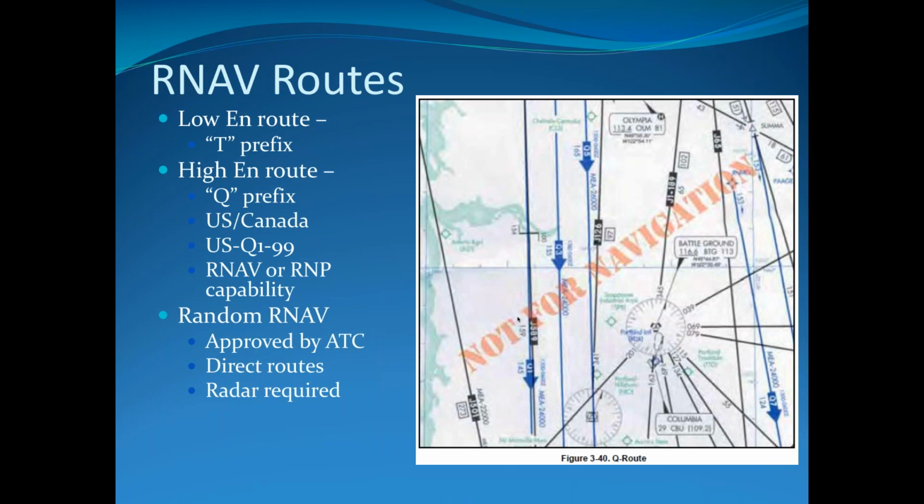So this random RNAV is just talking about, like I said before, these waypoints for RNAV that are just kind of randomly placed throughout the United States. There's not a whole lot of rhyme or reason as to why the location was picked.